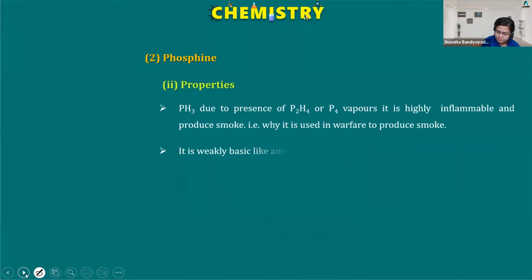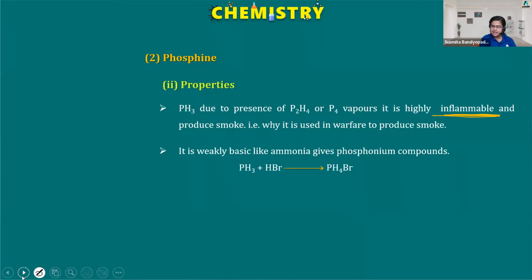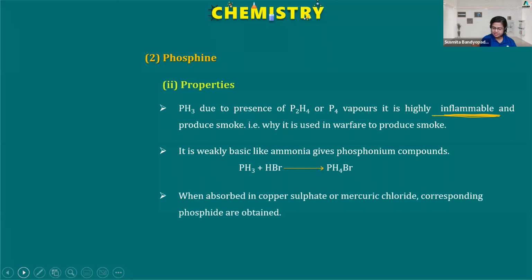Properties: highly inflammable, weakly basic just like ammonia, but still less basic than ammonia. Ammonia solution NH4OH is a weak base; this is a still weaker base, as discussed yesterday. When absorbed in copper sulfate or mercury chloride, corresponding phosphides are obtained.